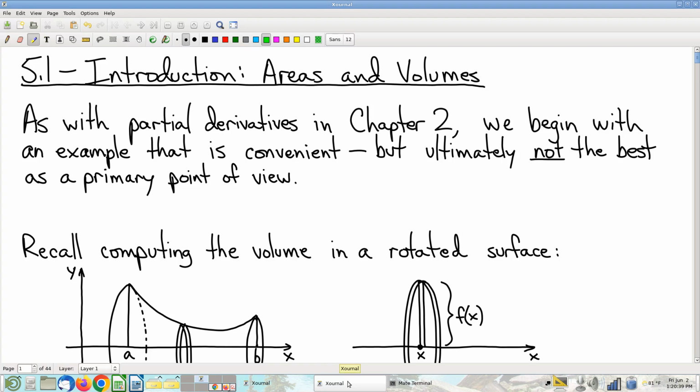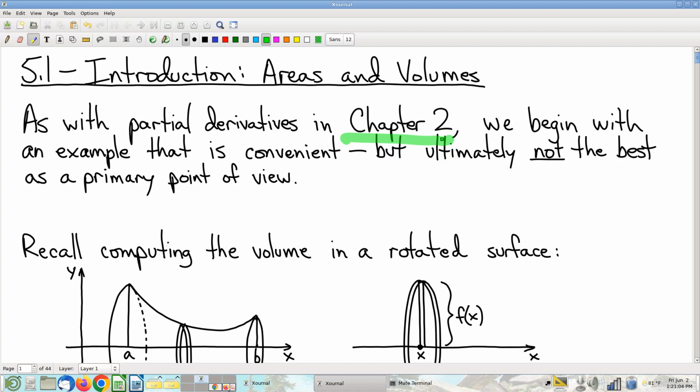We're going to talk about integrals. Reminder, back in chapter 2, there were various different kinds of derivatives. The very first one that we talked about was partial derivatives. I gave you all a warning in advance that we're starting with it because it's easy, not because it's really fundamentally the way you ought to look at it.